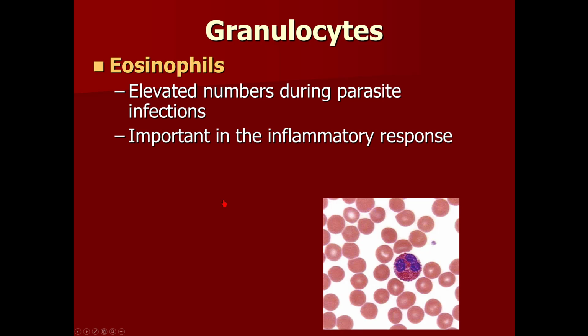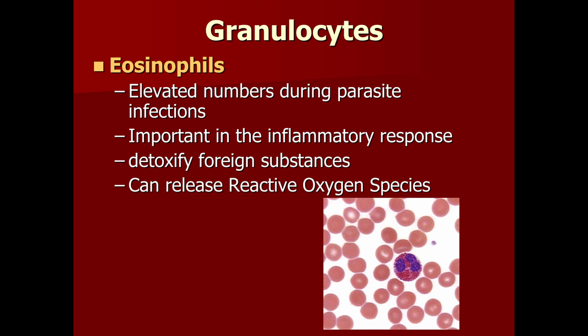Eosinophils are also important in the inflammatory response, and there are many autoimmune disorders which are related to eosinophilic dysregulation. Right? And a lot of times these eosinophils will detoxify foreign substances, and they can release lots of different degradative compounds, so compounds that break things down, such as the peroxide anion and the superoxide radical, right?